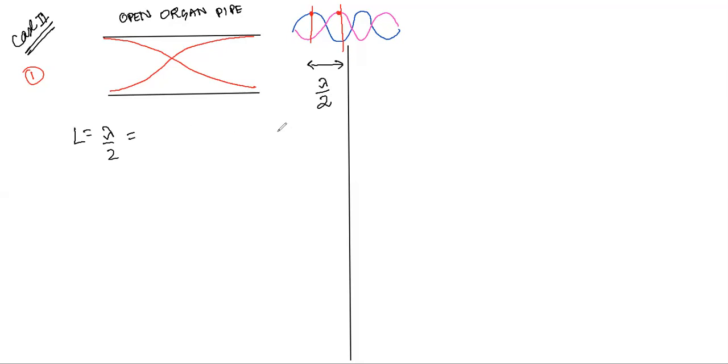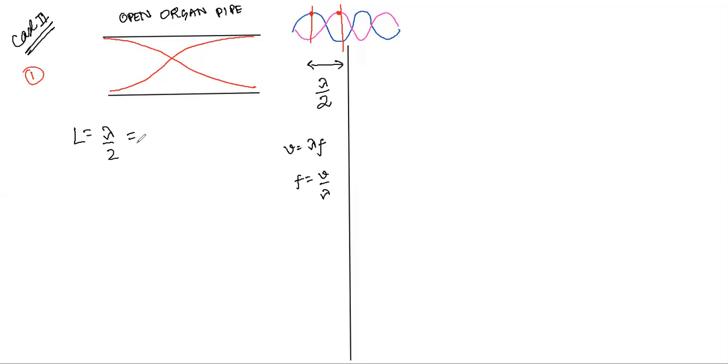Same substitution. We have speed V is equal to lambda into F, right? And therefore F is equal to V by lambda, right?